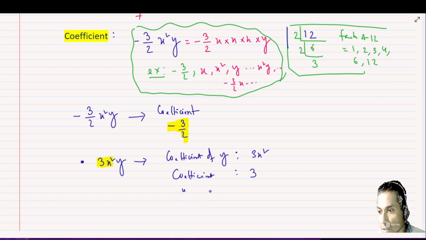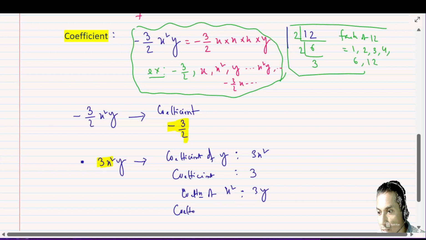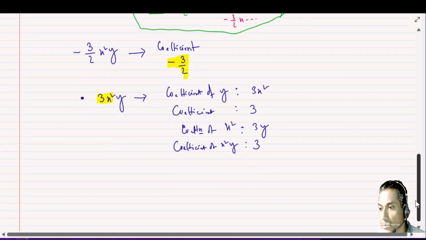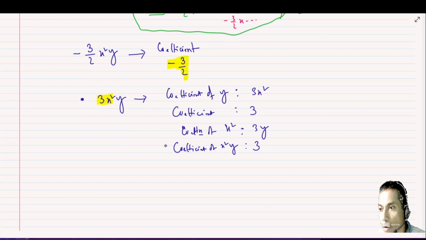And the coefficient of x square, if I ask, the answer will be what remains: 3y. Clear? And if it also mentions the coefficient of x square y, then also the answer will be 3, like that. Clear? So how do we get the coefficient?